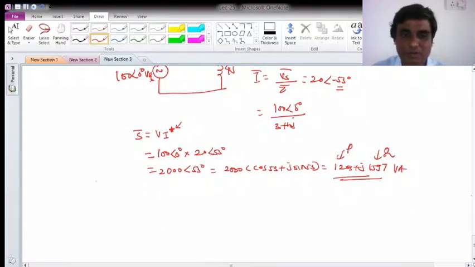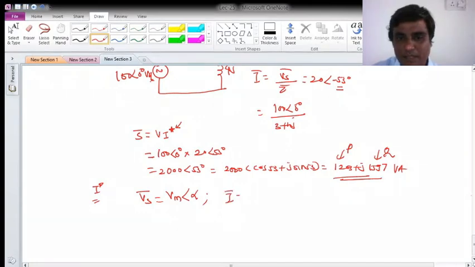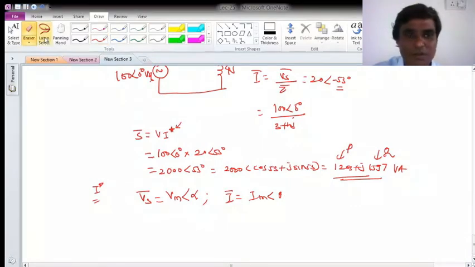Now, why do we have to take the I conjugate? In order to explain that, let me take the supply voltage Vs phasor as Vm with some initial angle alpha. With this, what will be my I phasor?